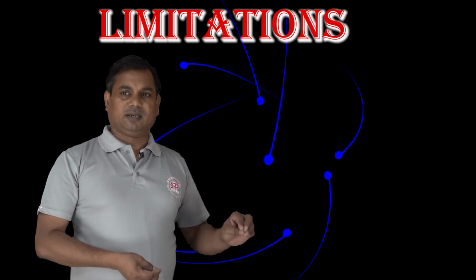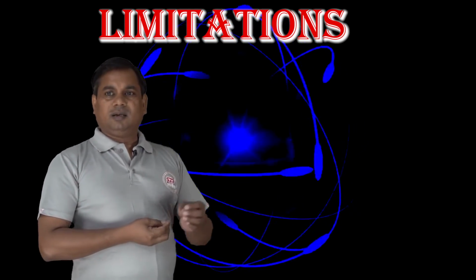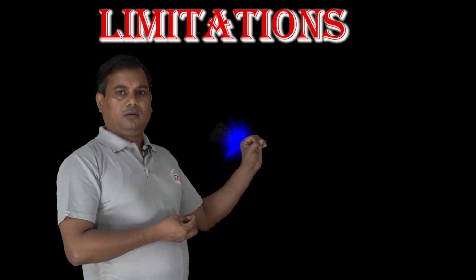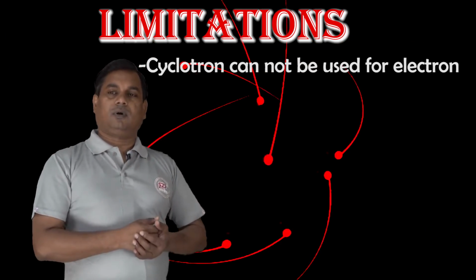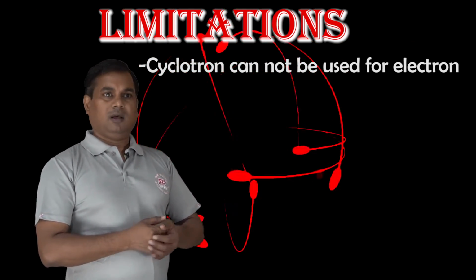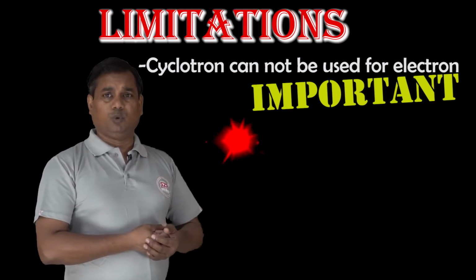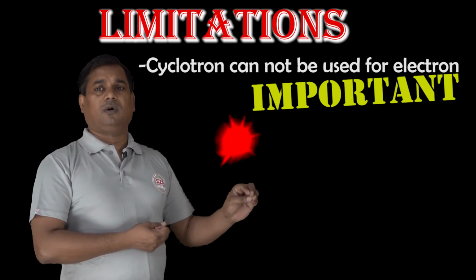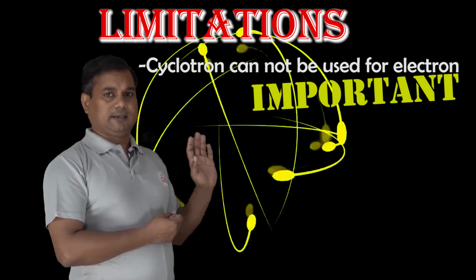Now we are coming to some limitations. The cyclotron is not used for electrons, and this is a very important question which is asked many times in the CBSE board examination: why is the cyclotron not used for accelerating electrons or making electrons energetic?